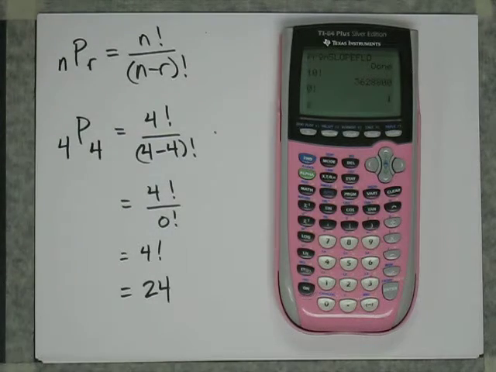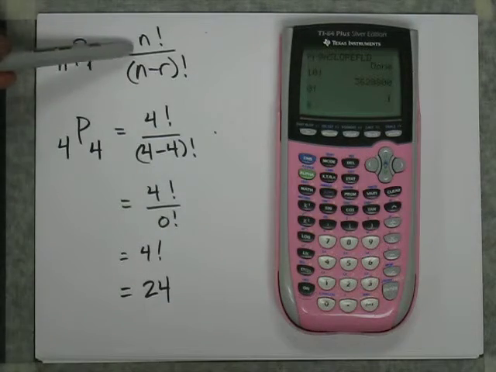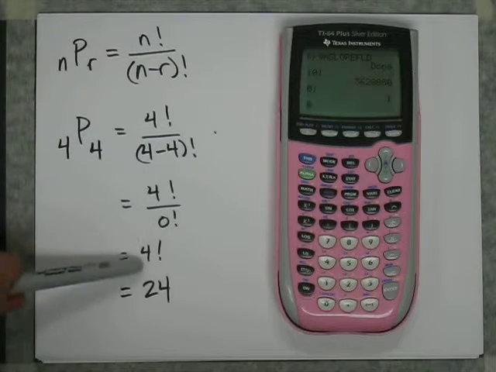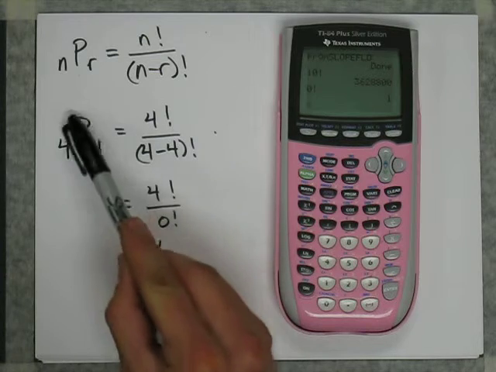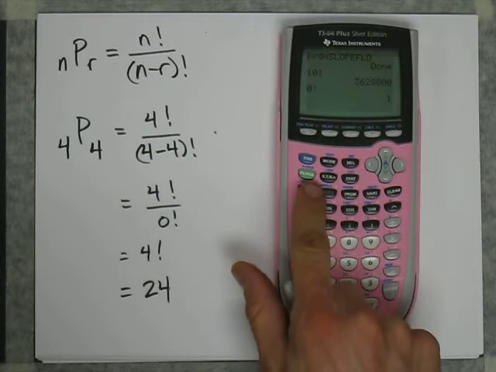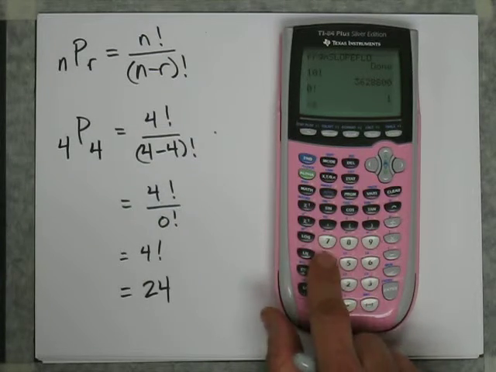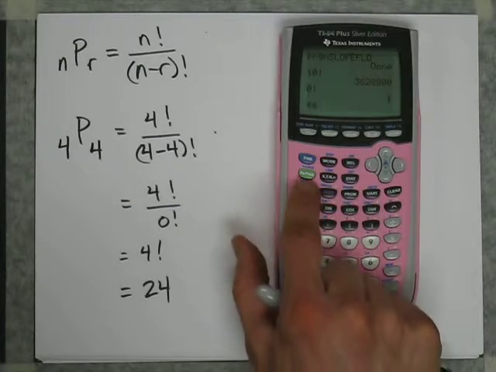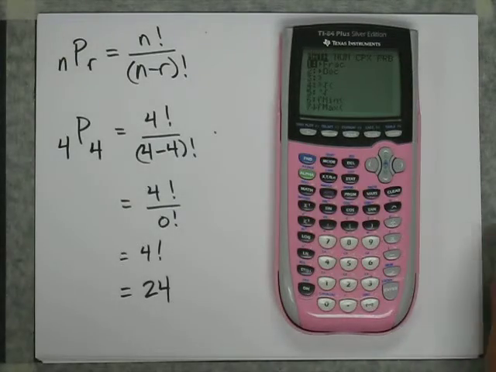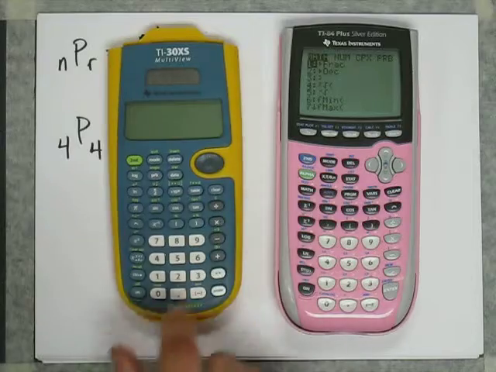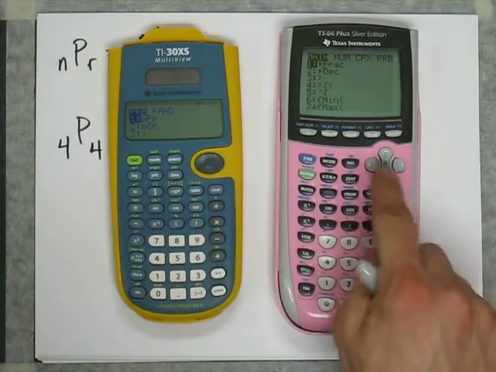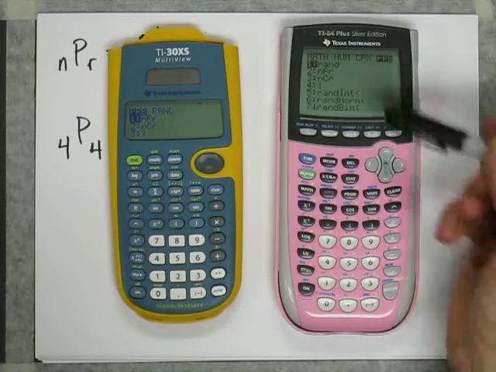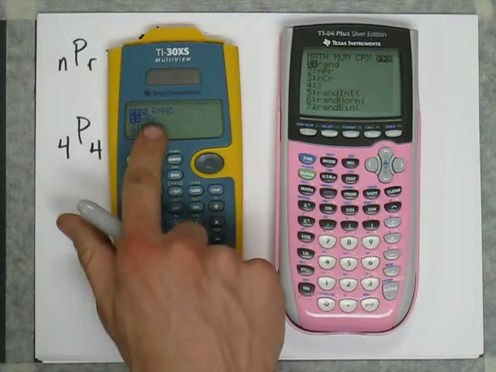So you can do that, no problem. Or there's another way to do it just on your calculator with 4P4. You might have seen that with probability. So I'm going to hit 4, and then go to Math, or under your probability button if you have this one. You're going to see nPr there.